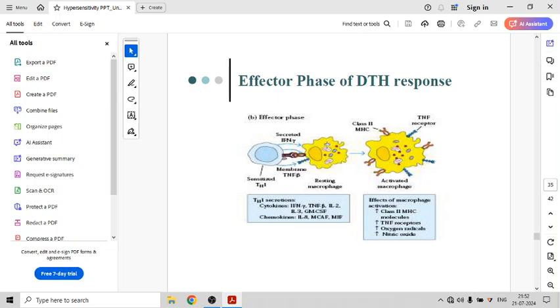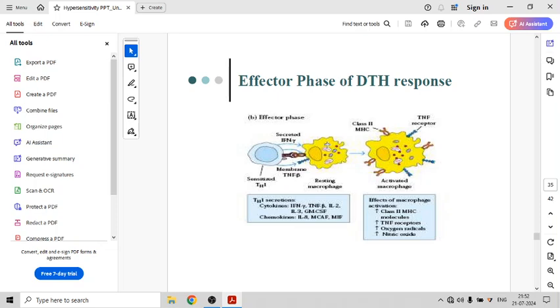The Th1 cell cytokines such as macrophage migration inhibitory factor and macrophage aggregation factor will make these macrophages assemble in the area where the antigen is in abundance.